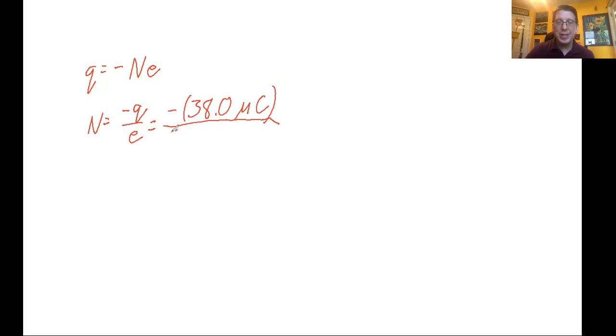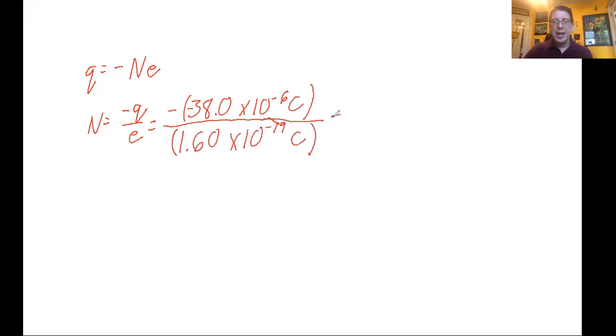So how many electrons does that come out to be? So Q is negative 38.0 microcoulombs, and then E, and we should write this in correct units. And then E is always written positively. So 1.60 times 10 to the negative 19 coulombs. And so you put those numbers together, and that tells you how many electrons we're talking about.